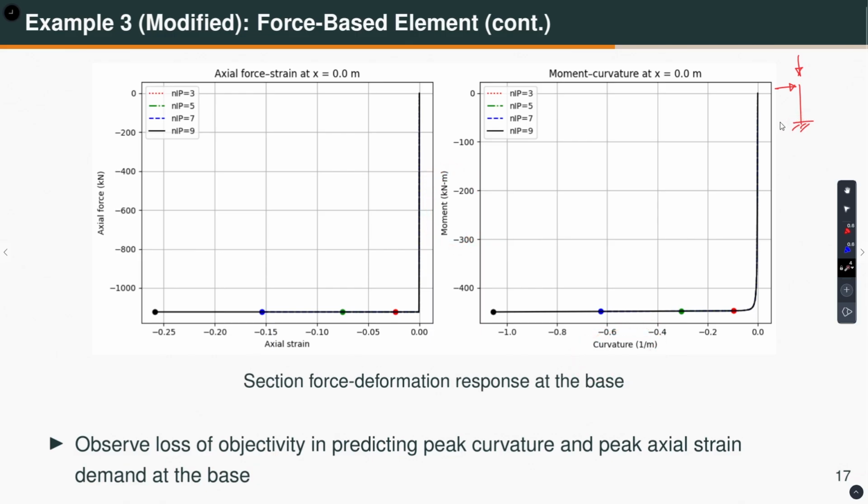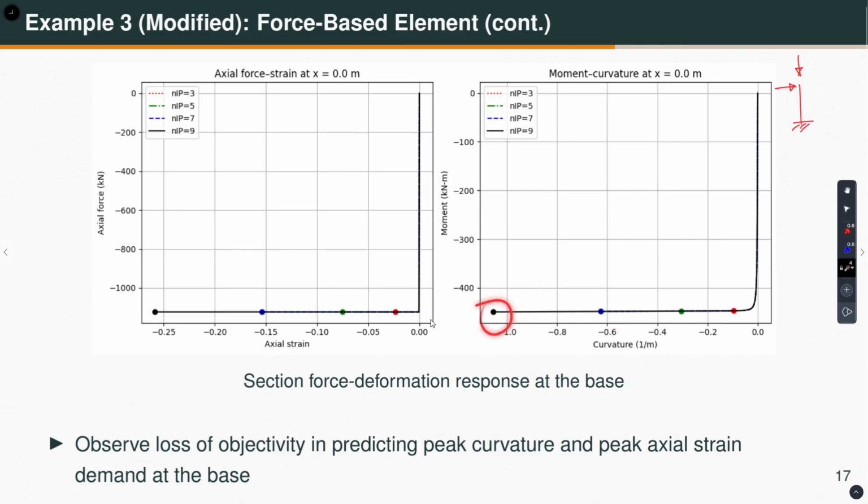Okay. What do you see? Well, they are matching quite well up to the yield. Then you see this is the maximum axial strain when I use 3 integration points. This is for 5, 7, 9. Similarly for curvature, this is for 3 integration points, 5, 7 and 9.